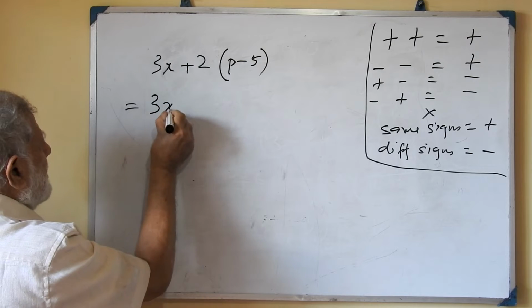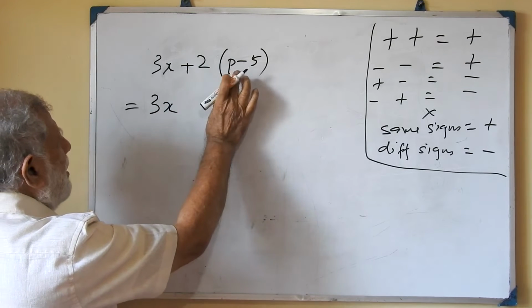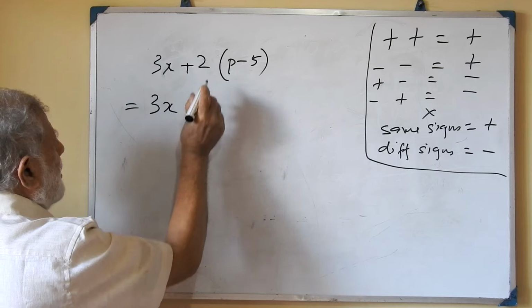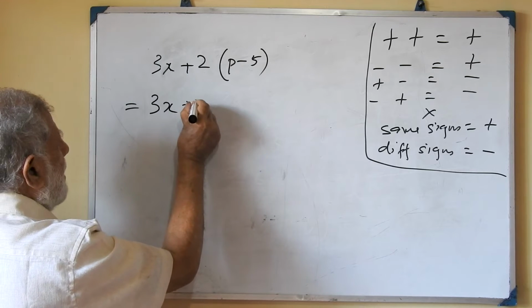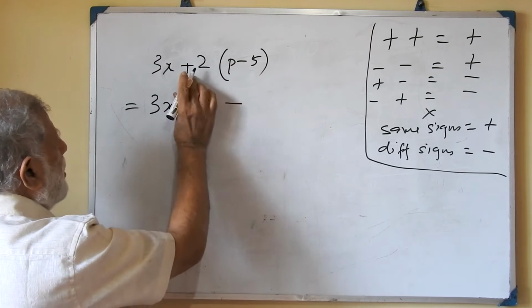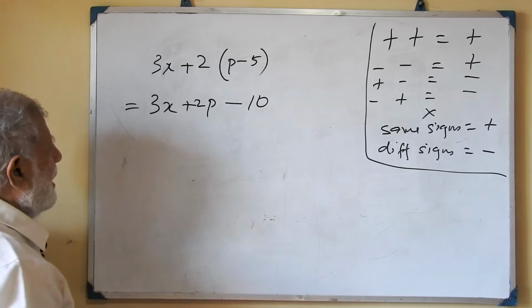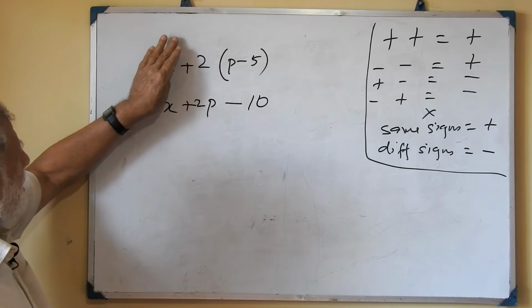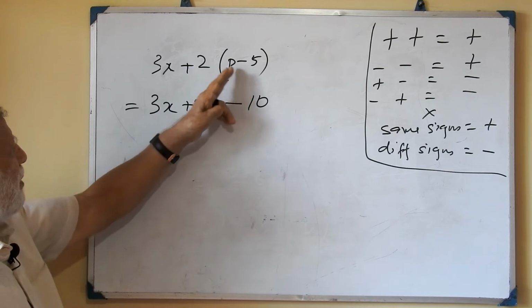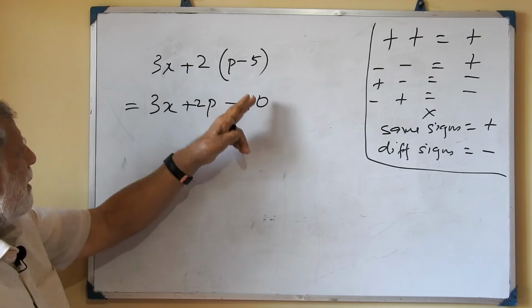The 2 only belongs to this bracket, so we have to multiply these two terms by 2. Plus 2 into p, 2p. Then plus into minus, minus, 2 into 5, 10. So 3x is just there, then 2p minus 10.